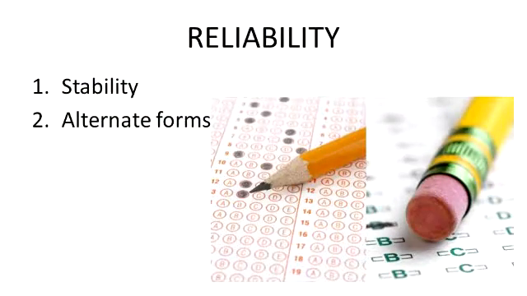The second kind of reliability I want to mention is alternative forms. This one you might use in your classrooms. That means that you have different forms of a test. Say you want to give second hour a different test than third hour, just in case one of those tests walks out of the room, or just in case kids talk about it between classes.